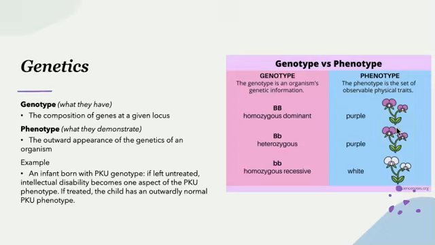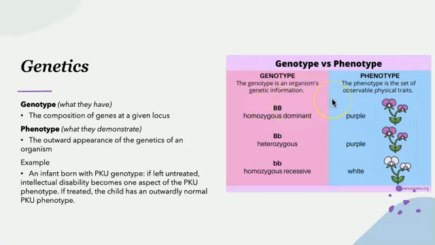And then we have the differences between genotype and phenotype. Genotype is really talking about the composition of those genes at the locus. We talked about homozygous and heterozygous pairs. Notice how we have dominant and recessive. When we say something is dominant, that means typically when it's present, it is going to cause that phenotype to appear.